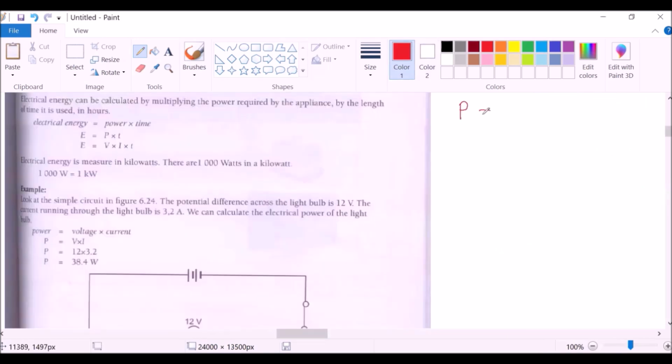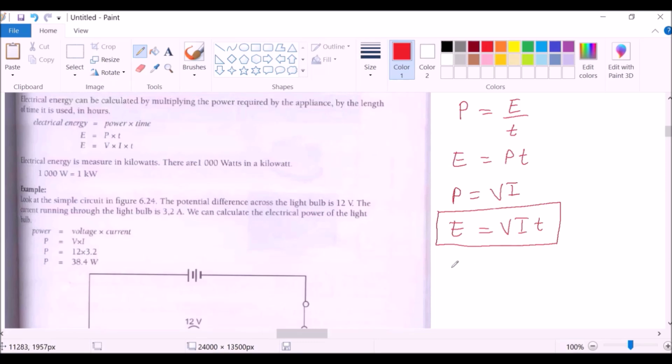Power is the rate of doing work or the rate of conversion of energy. So in electricity, electrical power is electrical energy over the time. And energy is power times time. Power is equal to voltage times current. So electrical energy is calculated as voltage times current times time.